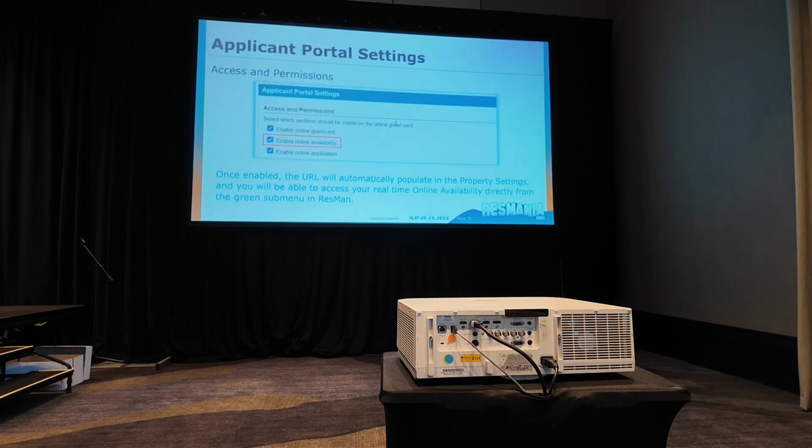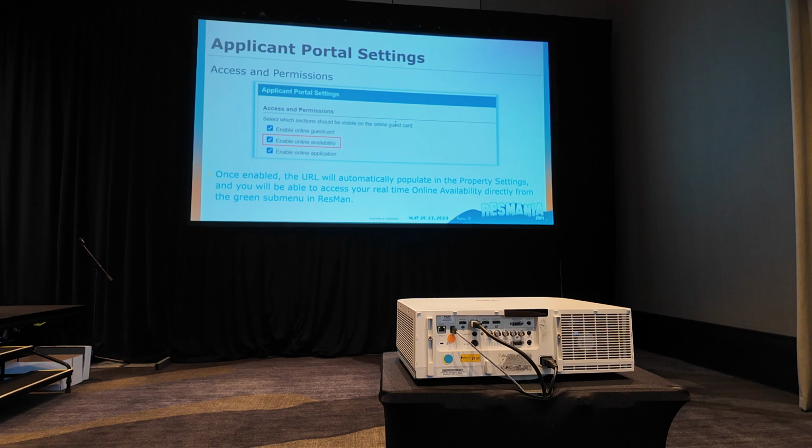All right, so in our applicant portal settings, the very first section that we're going to look at is the access and permissions, and it is that very top section that you'll see. So in order to enable that online availability, we're just going to check that second checkbox. Once that's enabled, the URL will automatically populate in that property settings section.